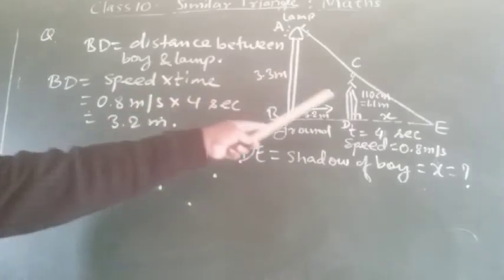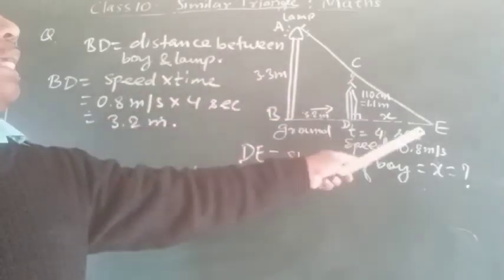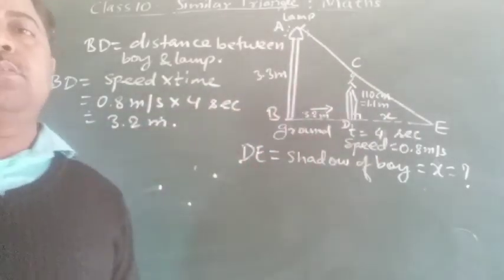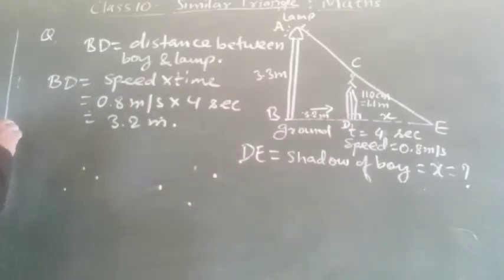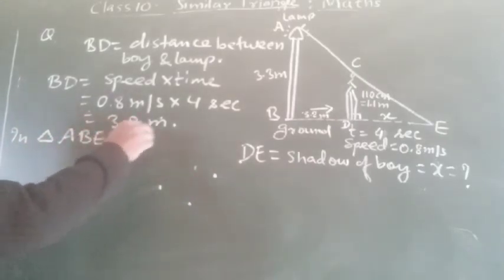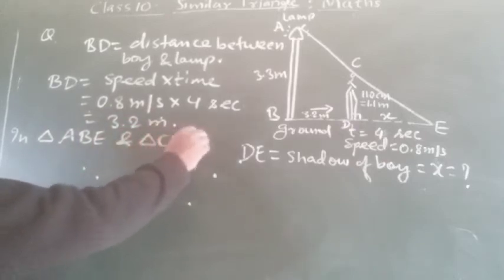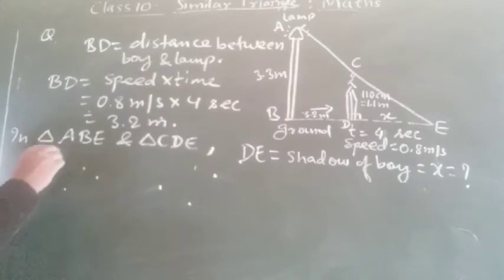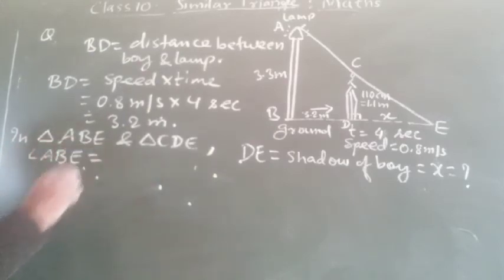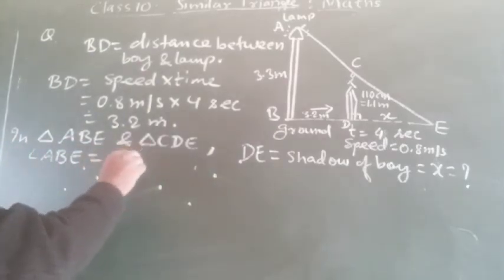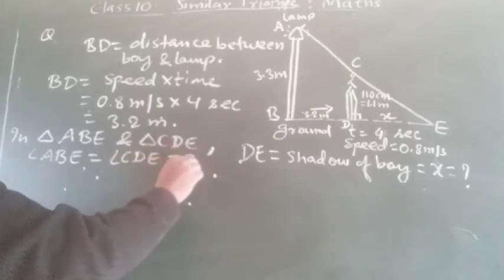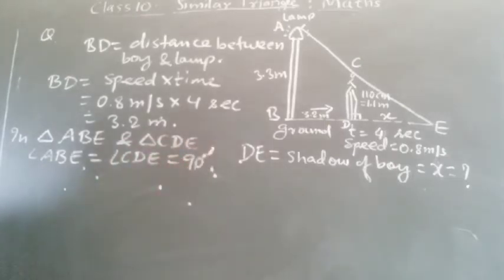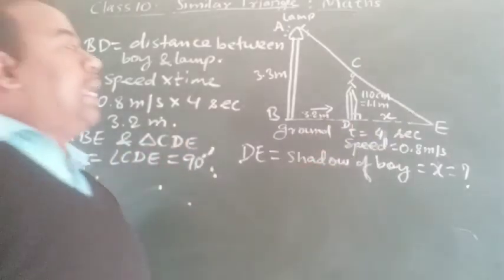Now what I have to do? We have to make similar triangles CDE and ABE. In triangles ABE and CDE, look at this: angle ABE equals angle CDE, 90 degree. Then angle E is common.